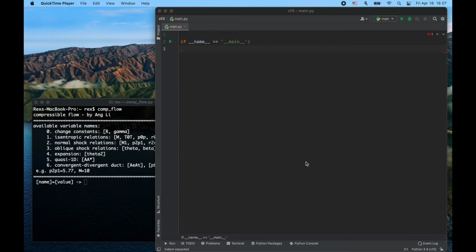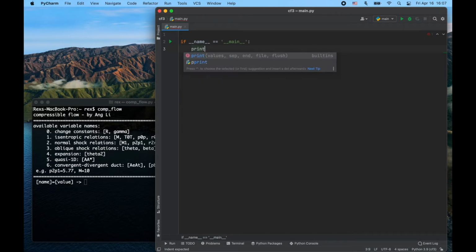So first, let's start a new project on PyCharm. I have already deleted all of the unwanted lines, and only this line would remain. The first thing I would like to do is print a welcome message. Simply just compressible flow and by my name.